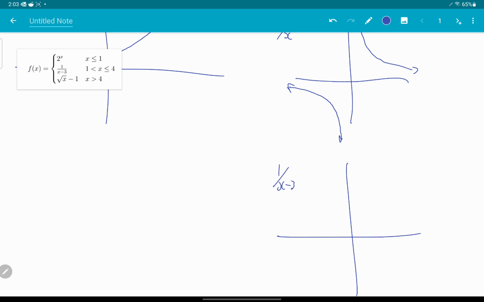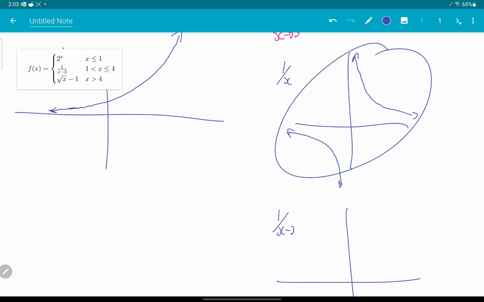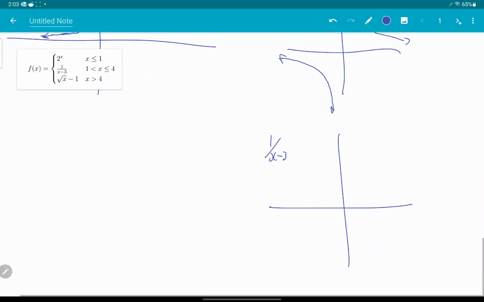So I'd have the same shape as I do here, but now it's been moved to the right 3 units. So I can just go put 3 on my graph here, draw a dotted vertical line. It's kind of like the new y-axis. And then you have the same shape as before.